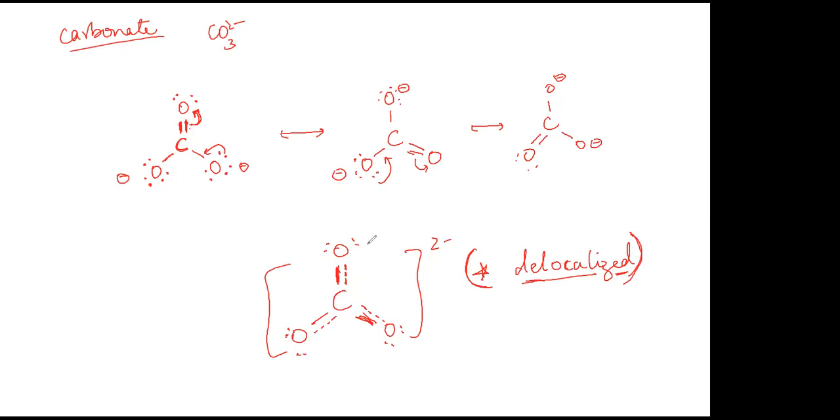Technically speaking, if you consider any one of these structures, you need to identify that there are 2 single bonds plus 1 double bond in a carbonate ion. But practically, when you measure, all 3 bonds are equivalent to each other. The bond orders and bond enthalpies you get can't be identified with a single bond.